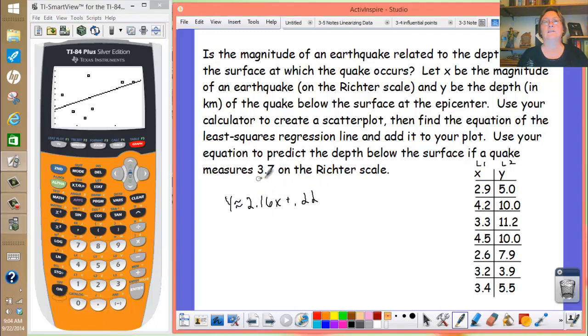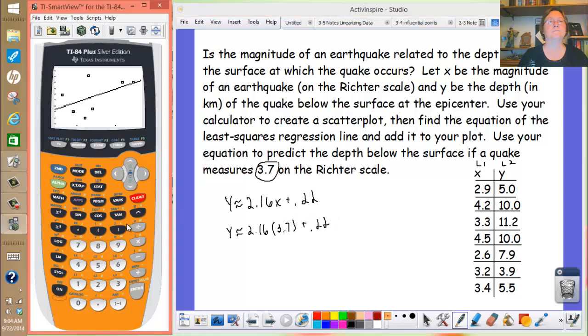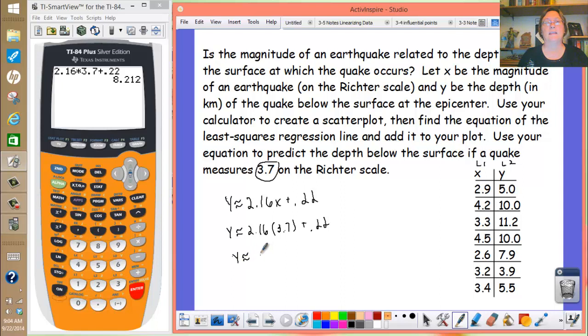So if we have a Richter scale measurement of 3.7, that's an x value, what we're going to do is substitute that in, 2.16 times 3.7, add 0.22. I came up with a depth of about 8.2 kilometers below the surface for that epicenter.